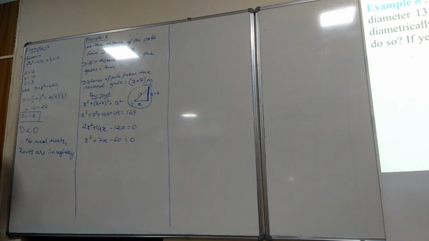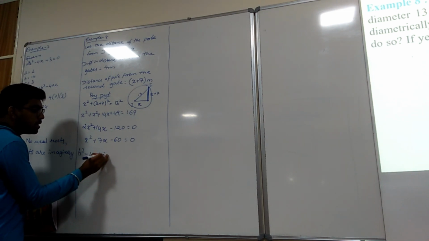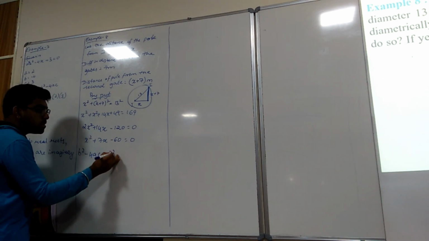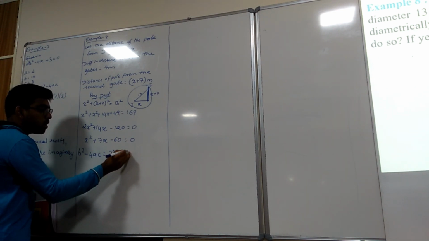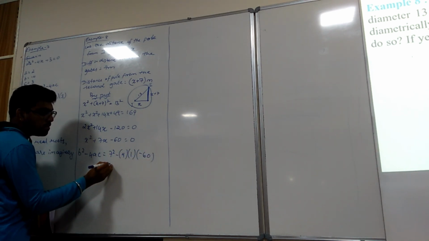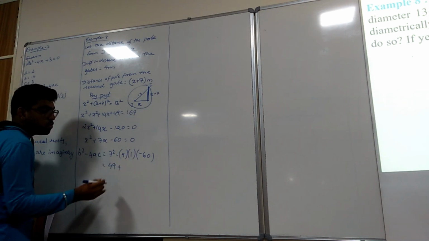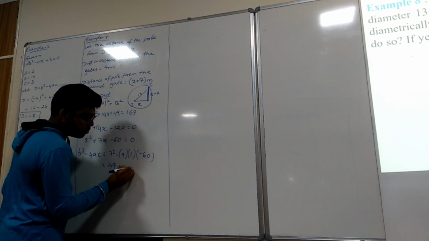Now what do you have to do? Splitting the middle term, or the nature of roots, or the quadratic formula. So you will find b square minus 4ac. What is b square minus 4ac? 7 square minus 4 into 1 into minus 60. 7 square is 49, minus into minus plus, 4 sixes are 240.